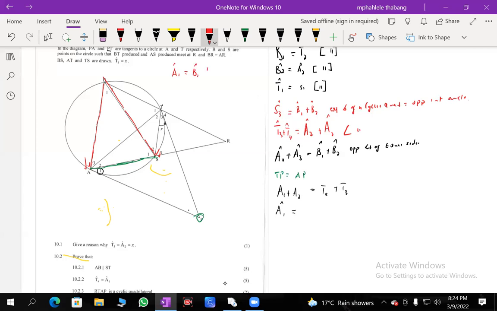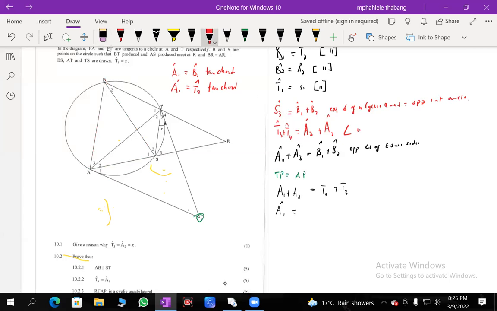The tan chord theorem. Actually, angle A1 is also equal to T2. I see it in the tan chord theorem too. It's just a matter of subtending the chord.